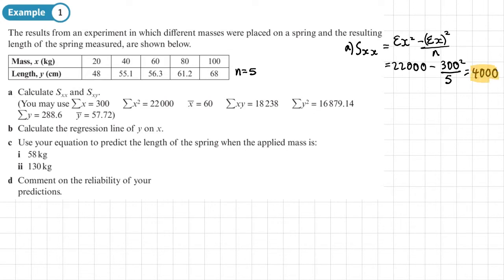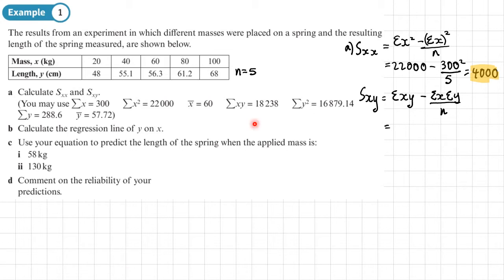And then the other thing we need to calculate is SXY. So again, we'll just write the formula down. SXY is equal to the sum of X times Y minus the sum of X times the sum of Y all over N. So again, we can just substitute the values in.